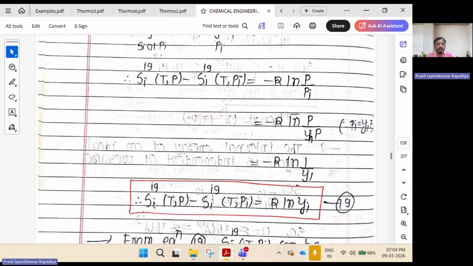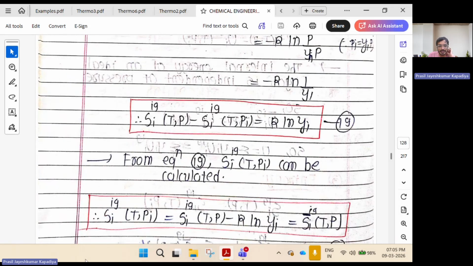Okay, so what do I know? I know that Si ideal gas at T, Pi is equal to Si bar ideal gas at T, P, which is nothing but Si at T, P minus R ln yi.